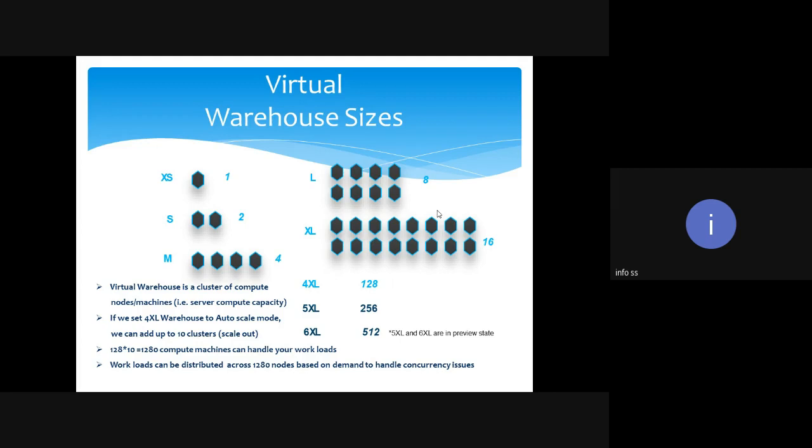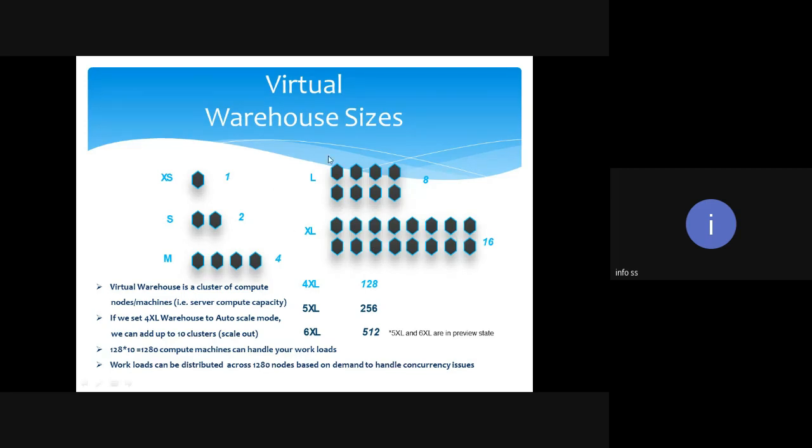And if even the second cluster is not able to serve the workload, Snowflake will automatically spin in a third cluster. That way it can spin in up to 10 clusters.